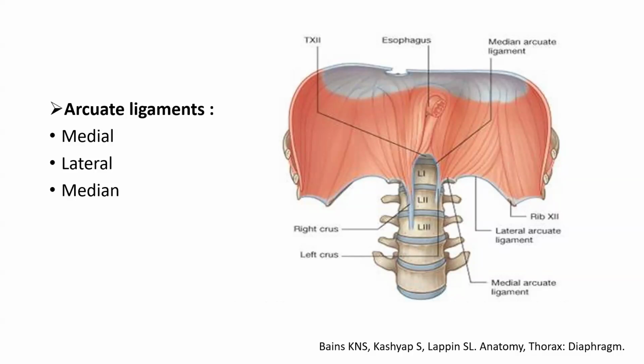Medially it is attached to the front of the transverse process of L1 and laterally to the lower border of the 12th rib. The medial margins of the two crura form a tendinous arch across the front of the vertebra, called the median arcuate ligament.